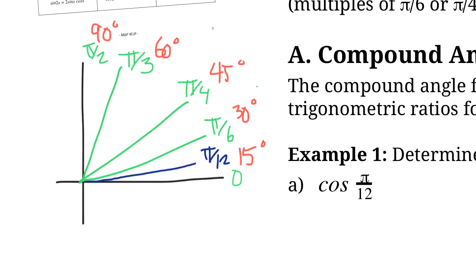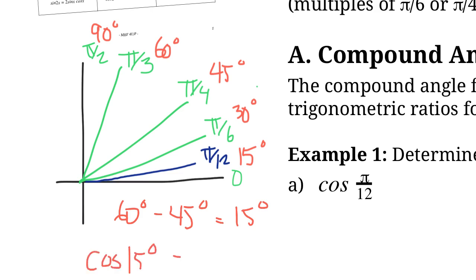So, for example, if we did 60 degrees minus 45 degrees, we should get 15 degrees. So does that mean that cos 15 degrees is just equal to something like cos 60 minus cos 45? Is it that simple?